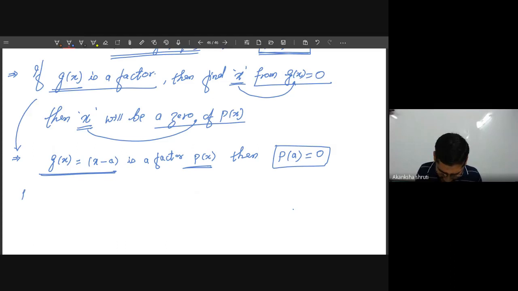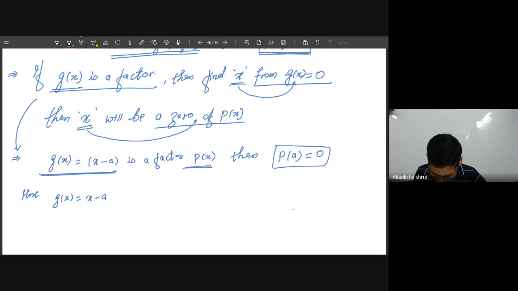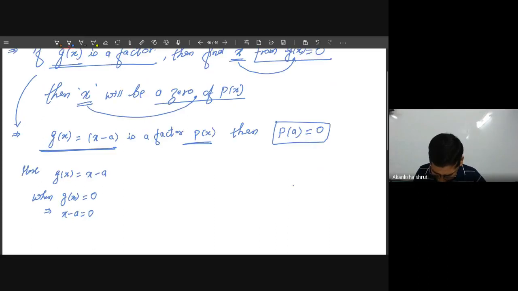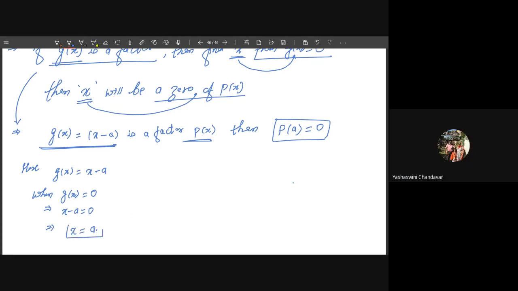See here, students, g(x) is x minus a. Student, you have to equate this g(x) to 0. So when g(x) is equal to 0, what does it mean? x minus a is equal to 0, meaning the value of x is x equals a.